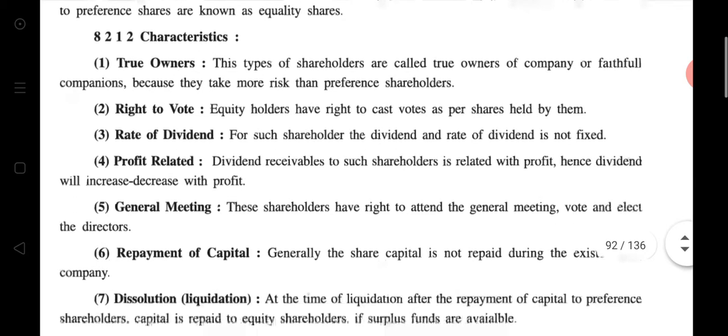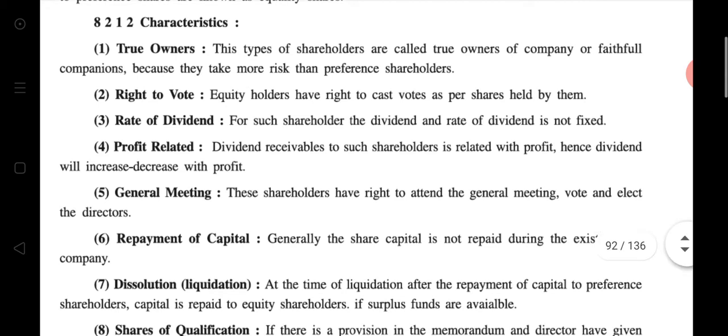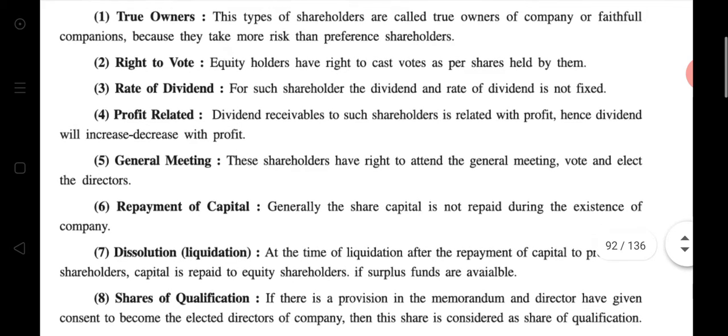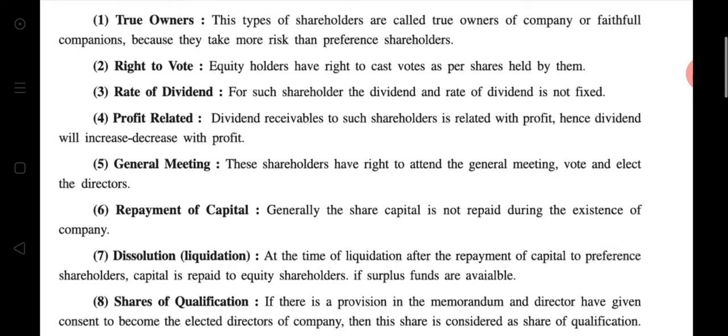Now characteristics. Equity shares have more characteristics compared to preference shares.